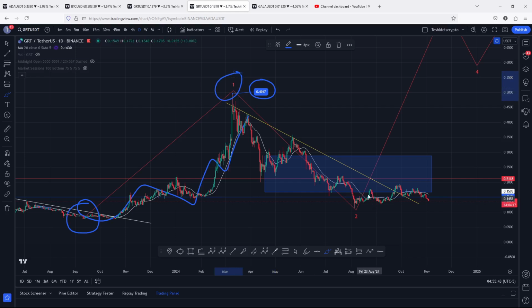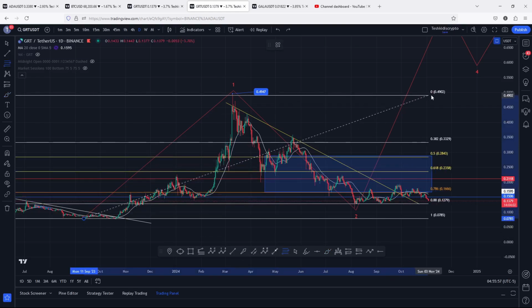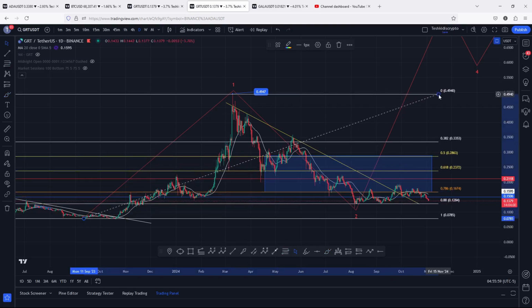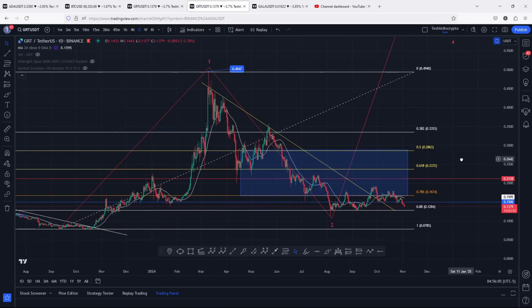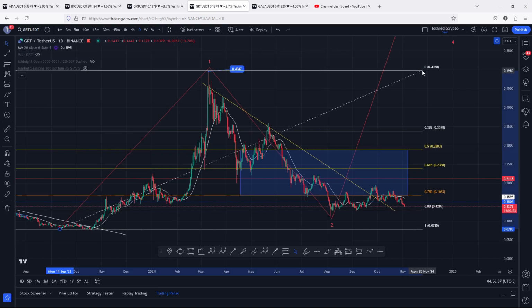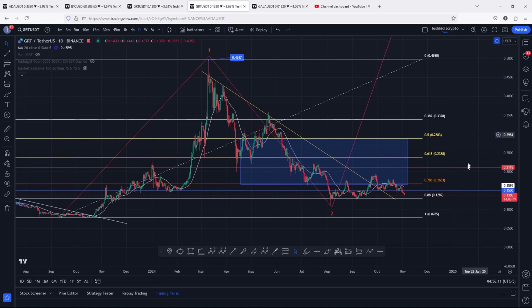Then we started a pullback in an Elliott wave count 2, whose minimum target areas I have marked on the charts using this blue target area, an area that I came up with using the Fibonacci, pulling the fibs from the low of the first wave to the high of this Elliott wave count 1, giving me a minimum pullback target area between the fib level 0.5 and the fib level 0.78 as a maximum, an area that we have not fully maximized.